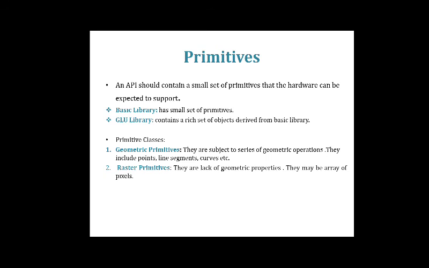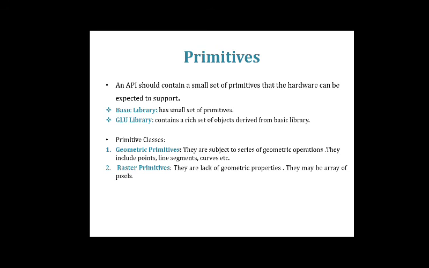So there are two basic libraries: the first is the basic library that has a small, very common set of primitives, and one more library is called the GLU library, that contains a rich set of objects derived from the basic library. Means from the primitives we use in the basic library, we create derived primitives, which is called the GLU library.